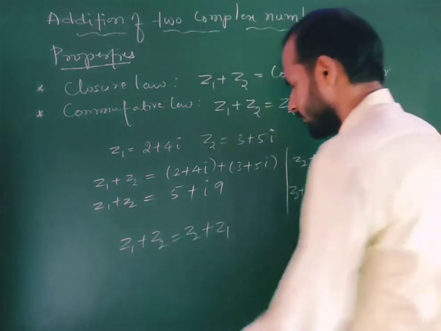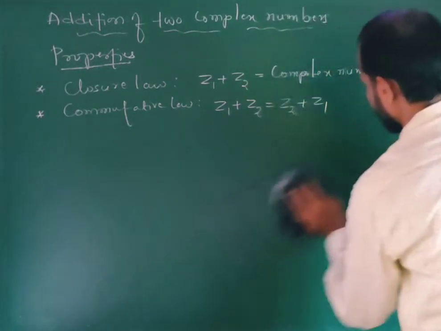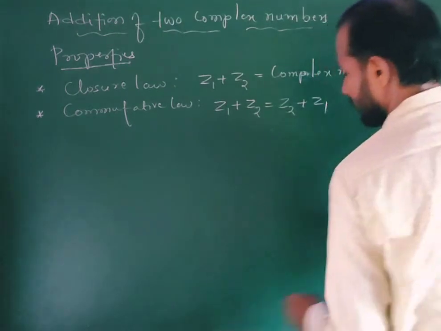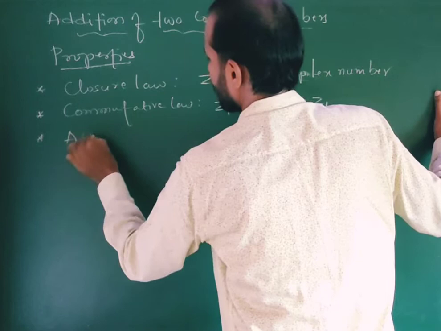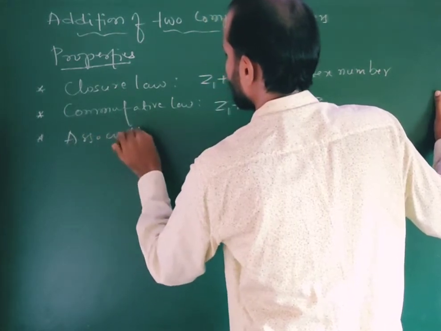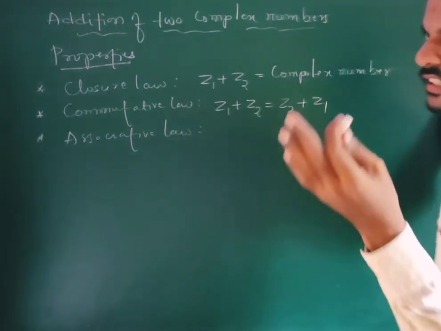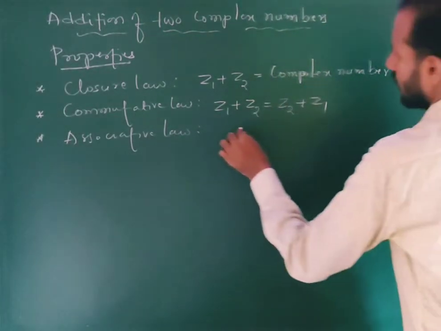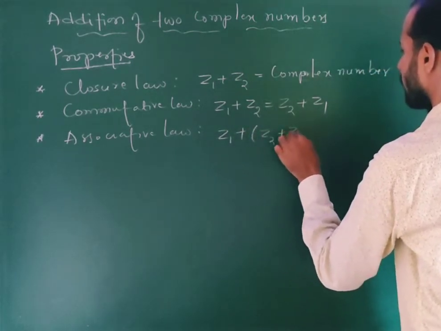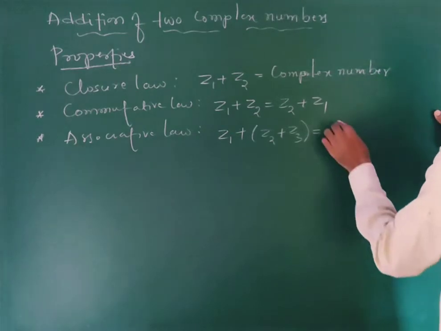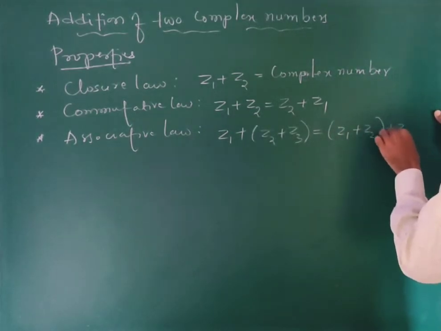Next, third one. Third one is associative law. In associative law, we have to take three complex numbers here. Z1 plus (Z2 plus Z3) is equal to (Z1 plus Z2) plus Z3.